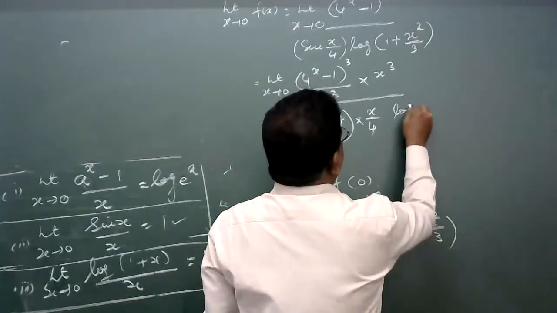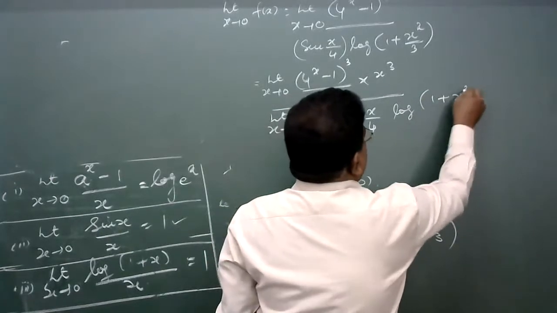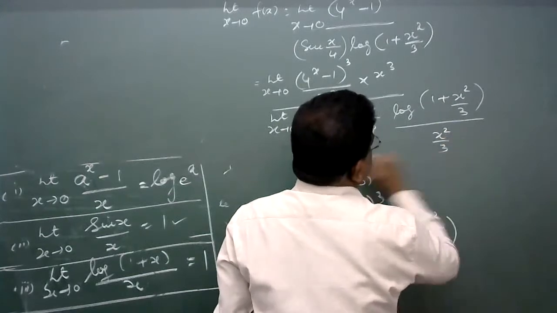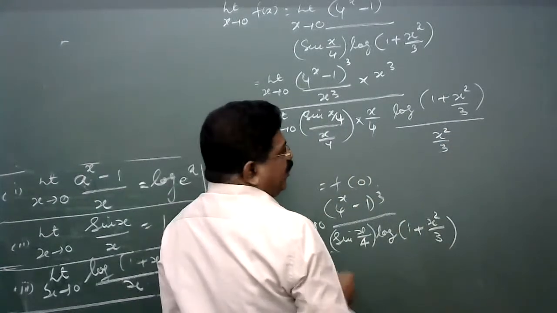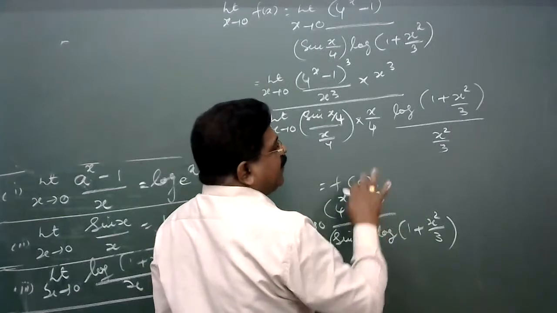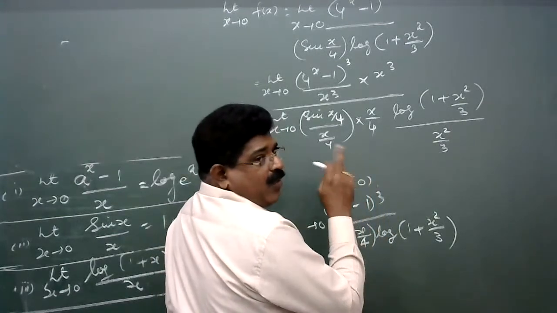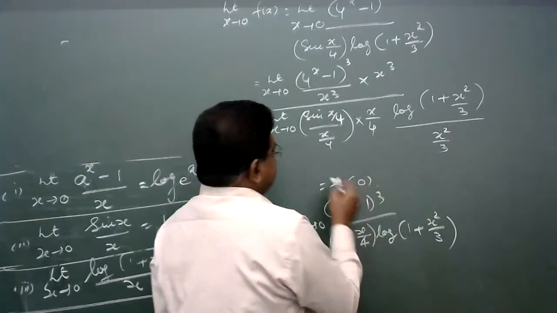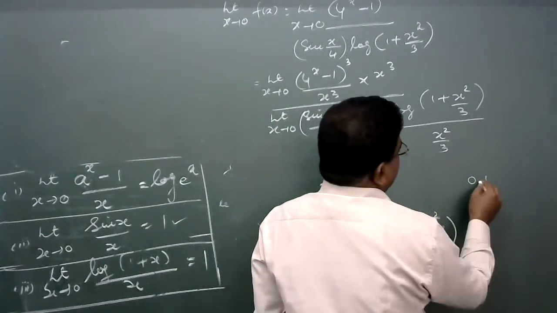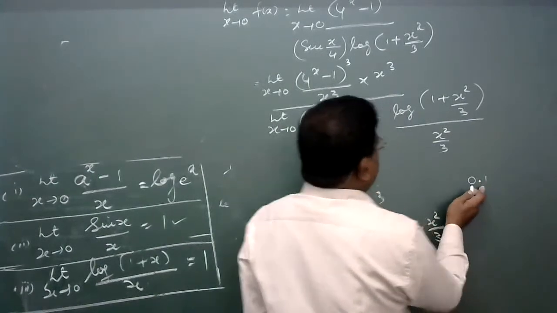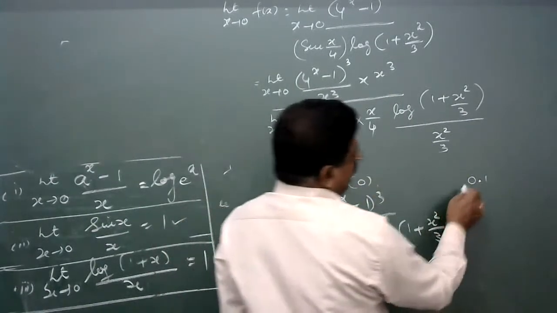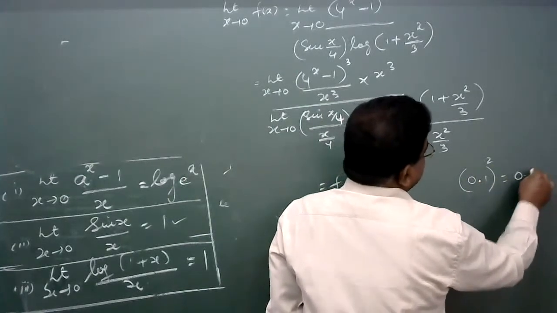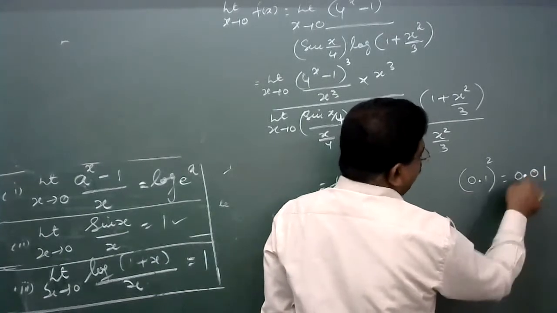Now, log of 1 plus x squared upon 3. The same way here also, x squared upon 3. Okay, x is a small quantity. While squaring it, for example, I have taken 0.1 for your convenience. It is a larger quantity compared to that; x tending towards 0 is a larger quantity. While squaring, 0.01, so a smaller quantity.